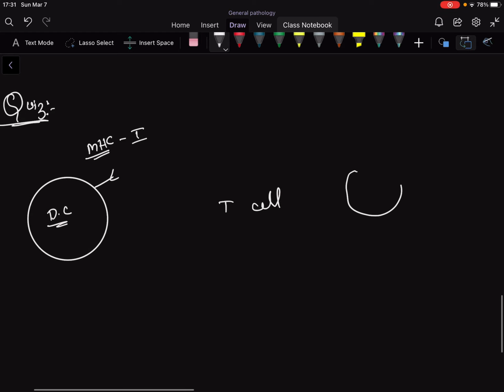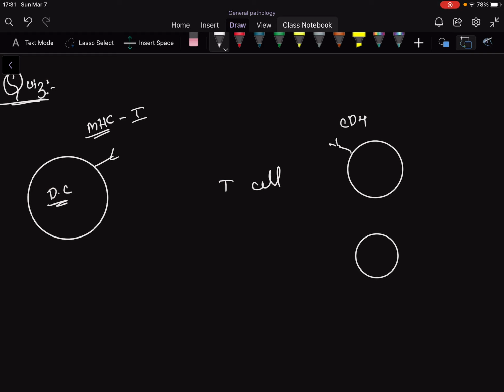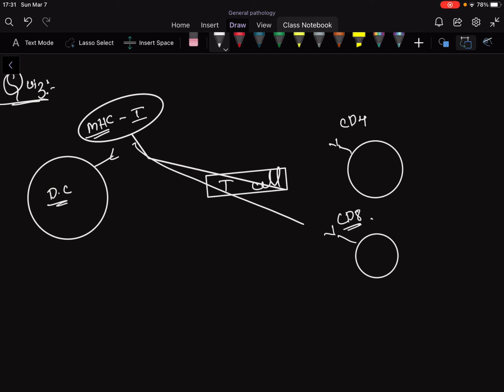One T cell is presented with CD4, and another T cell presented here is CD8. So this MHC class 1 receptor activates which kind of T lymphocyte? Yeah, it will activate this one, the CD8. They will activate these receptors, CD8 positive T cells.